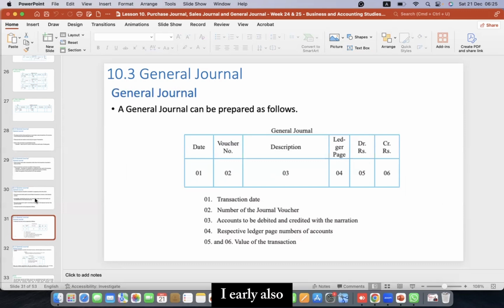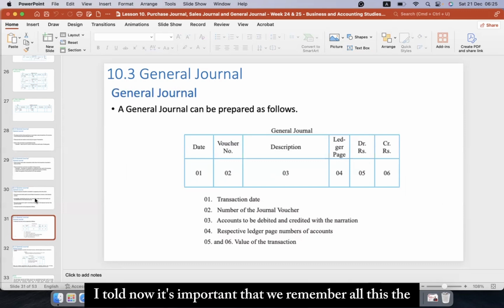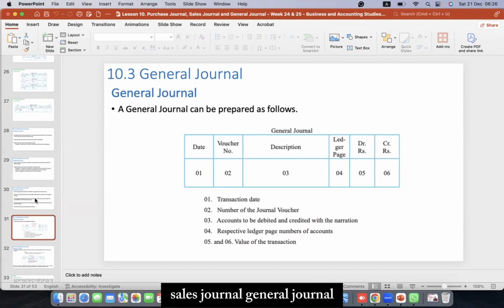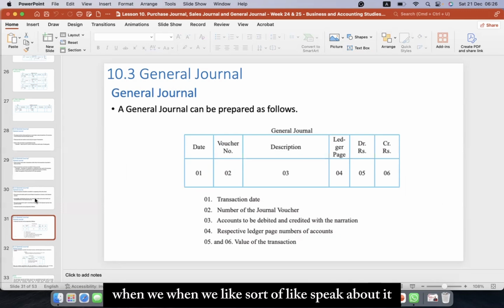Now, I told earlier also, it's important that we remember the format of the journals: purchase journal, sales journal, general journal.